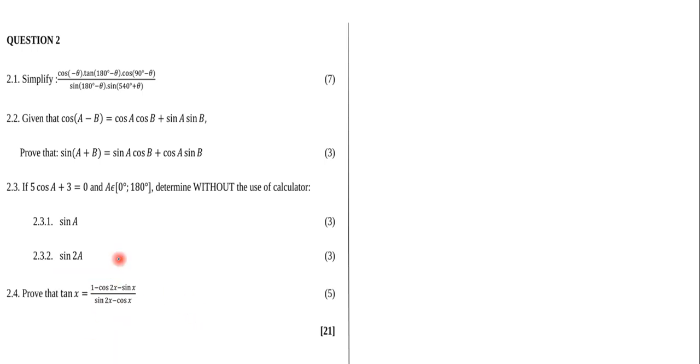Now here we are given a question 2 that we would like to solve. So let's go ahead and solve this question so I can help you understand how you can simplify all these types of questions.